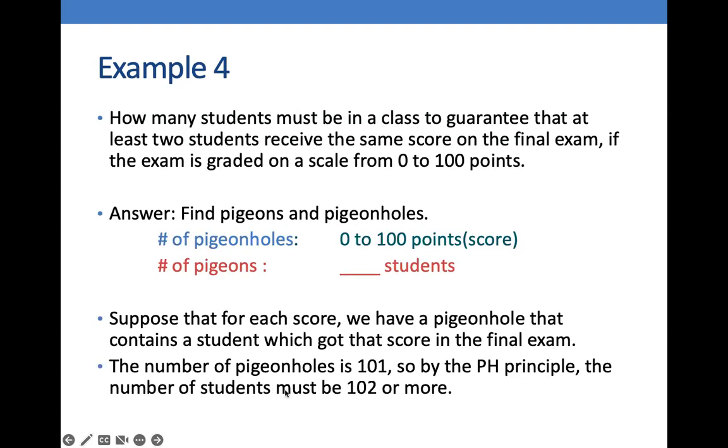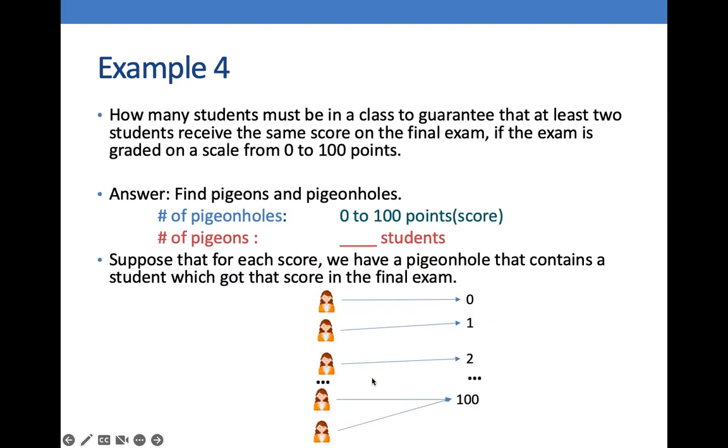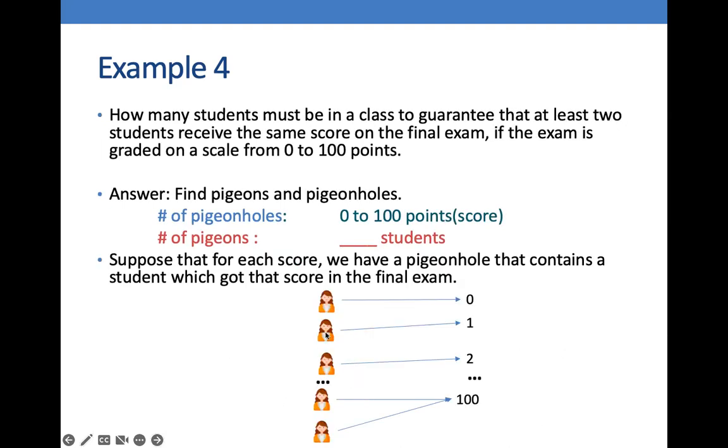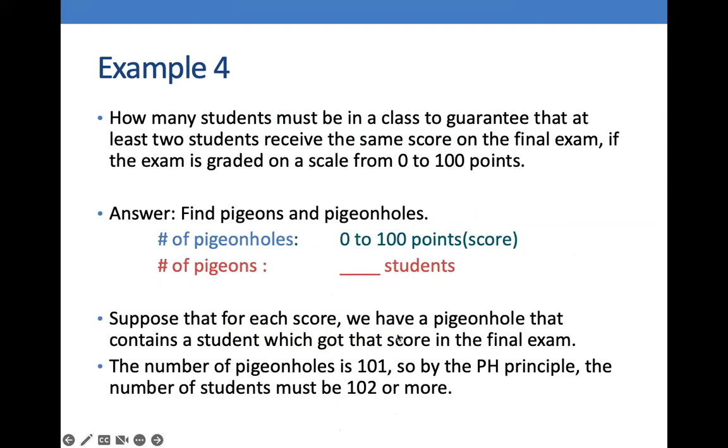Okay, so the number of pigeonholes is, let's say, 101, 0 to 100. So by the pigeonhole principle, the number of students must then be 102 or more. So we can ensure that at least 2 students receive the same score on the final exam.